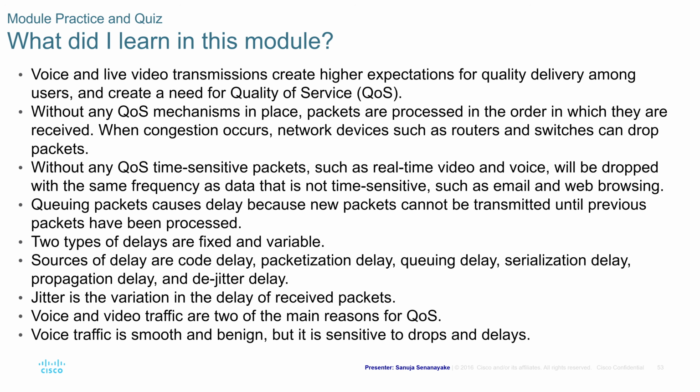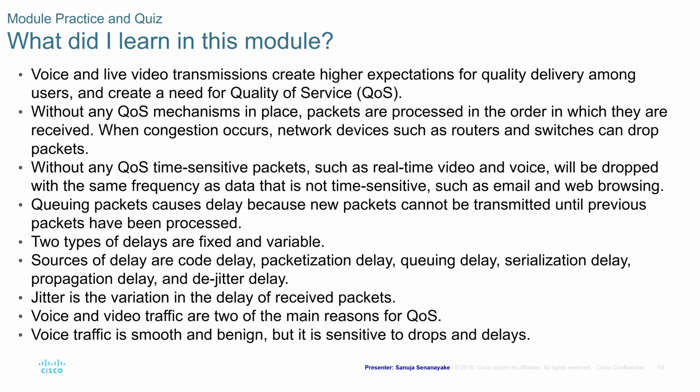When congestion occurs, network devices such as routers and switches can drop some of the packets to mitigate that issue. Without any QoS, time-sensitive packets such as real-time video and voice will be dropped with the same frequency as data that is not very time-sensitive, such as email and web browsing.